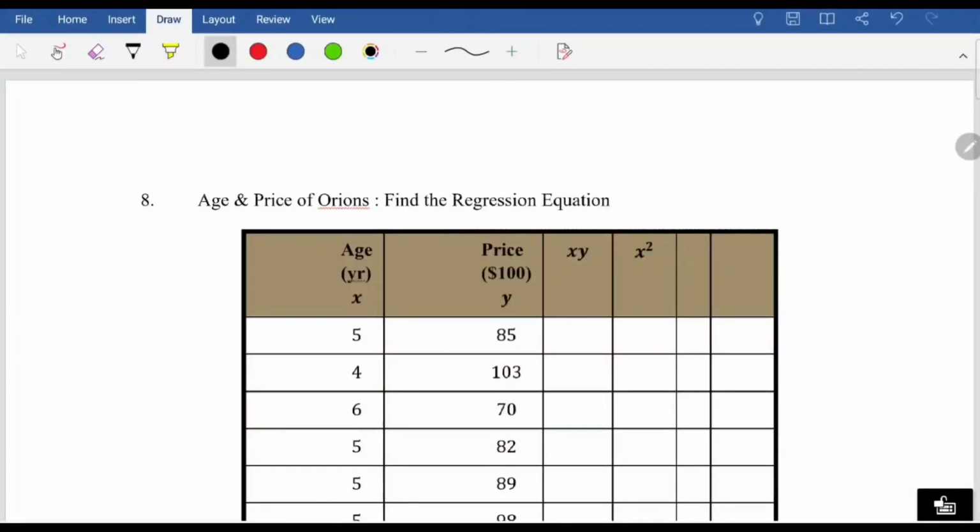Now for this last question on finding a regression equation using the computational method, on that same example on age and price of Orions, I'm going to skip this for this worksheet because there is a separate worksheet where I work through the entire example, from finding the regression equation to finding the R squared values, the R values, and then performing a bunch of inferential study on this particular example.